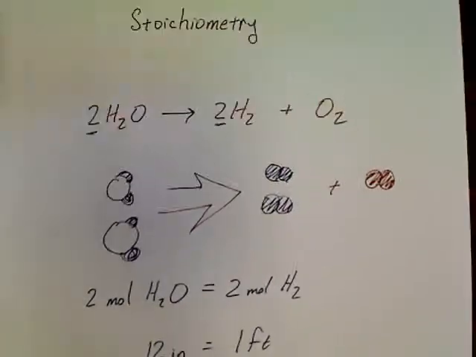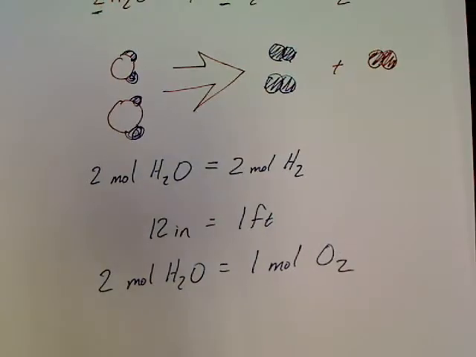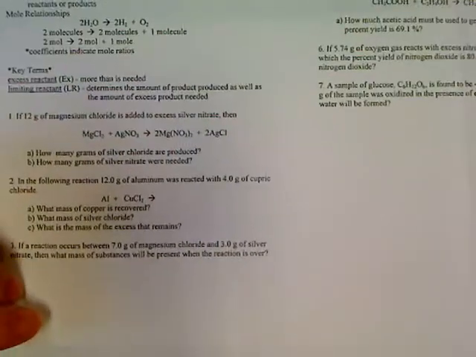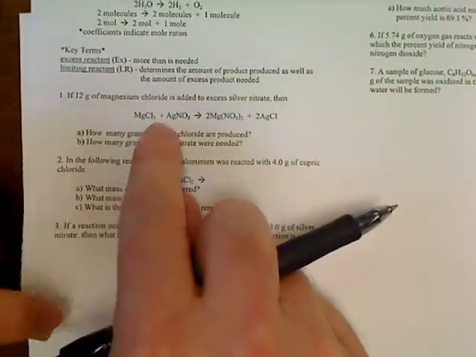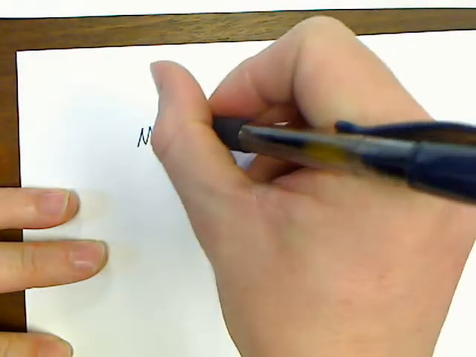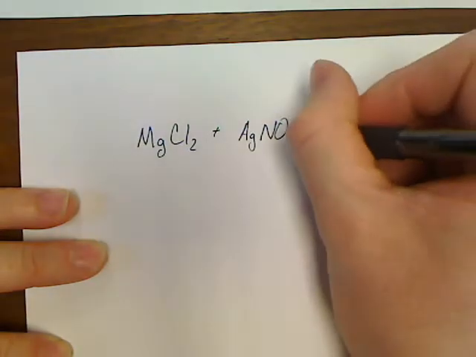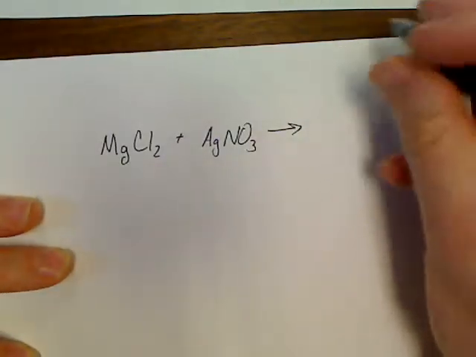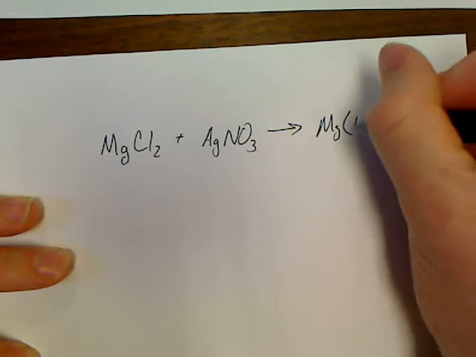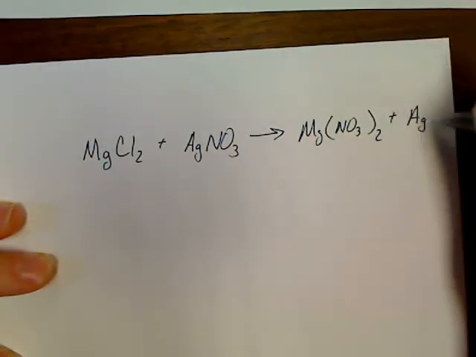So, here we go. We're going to pull this back a little bit, and now let's do our first example up here. I'm going to show you what this means and the significance of it all. My first example, example number 1 on here, says that magnesium chloride is reacted with silver nitrate, and that produces MgNO3 plus AgCl.